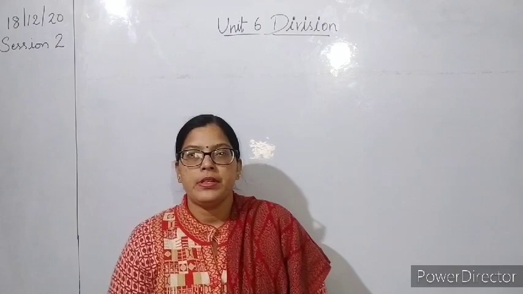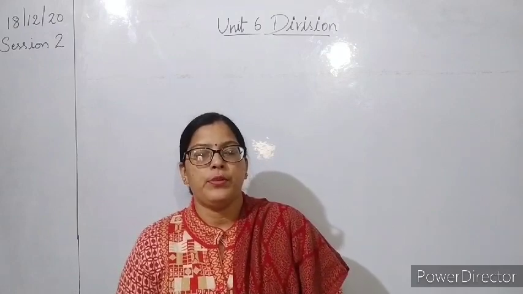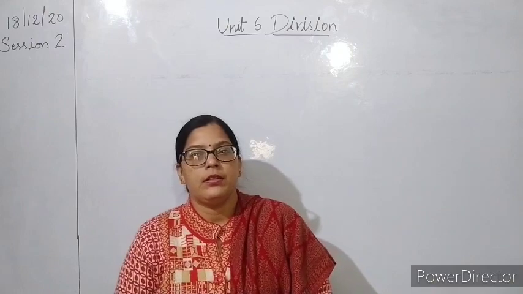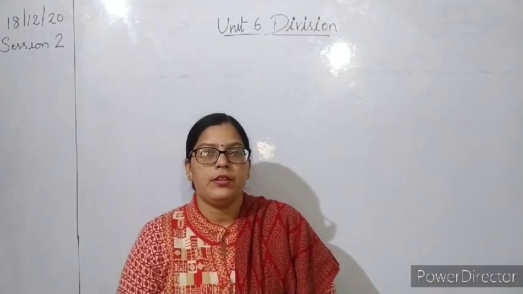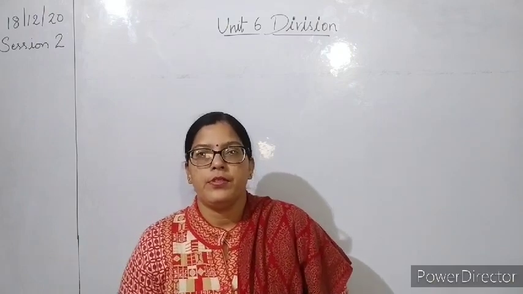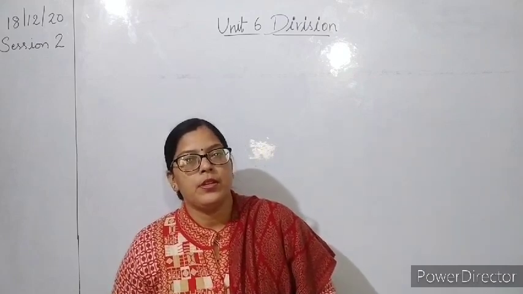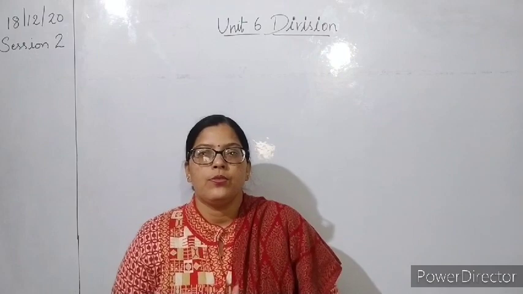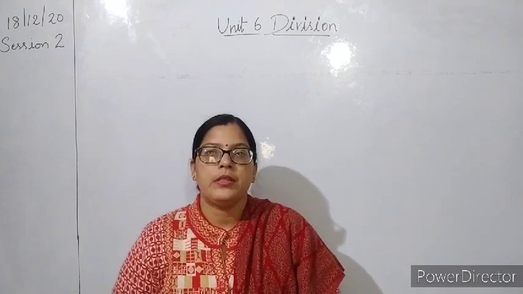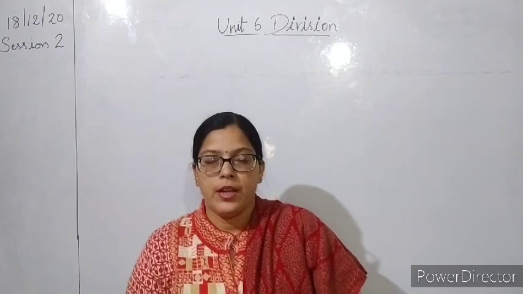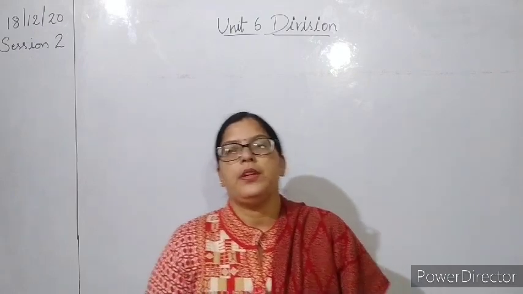So in the previous session we started our chapter, Unit 6, Division, and you studied what division is and what the terms used in division are. So what is division? Division means sharing the objects equally.